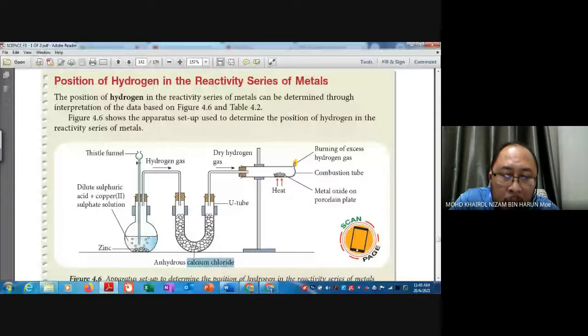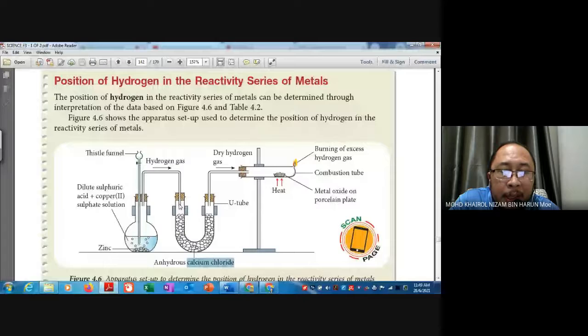Its function is to absorb the water molecules attached to the hydrogen gas, which means we want to dry the hydrogen gas.